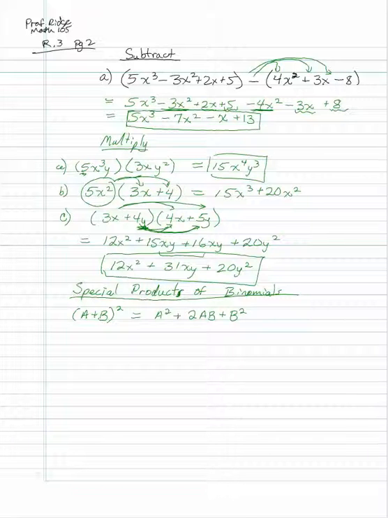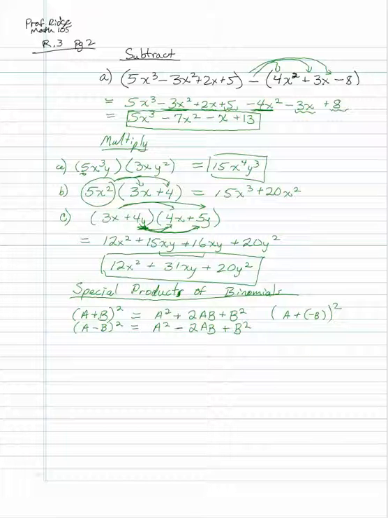I don't necessarily memorize the second one. To me, these two are the same thing. The only difference is if that's minus in the middle, you get minus 2ab. For me, the way I memorize stuff, those are exactly the same problem. No difference. Because I don't think a minus b, I think a plus a negative number.